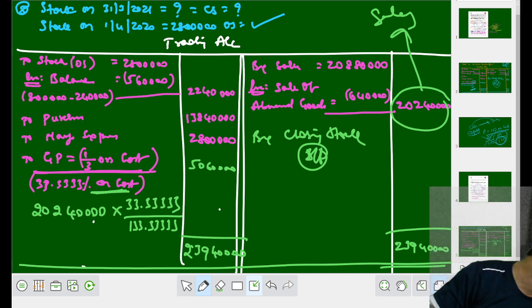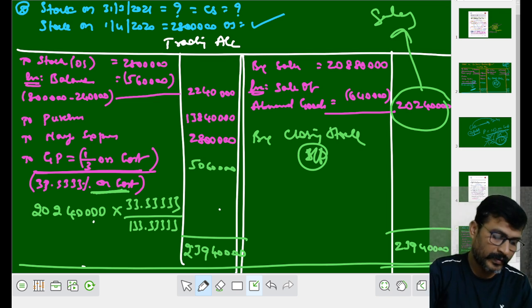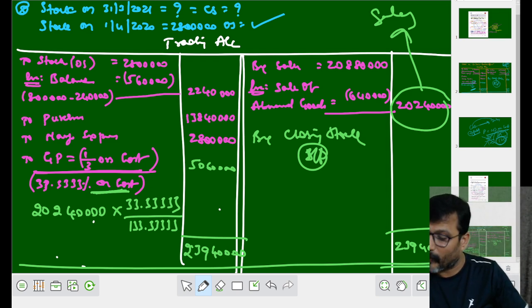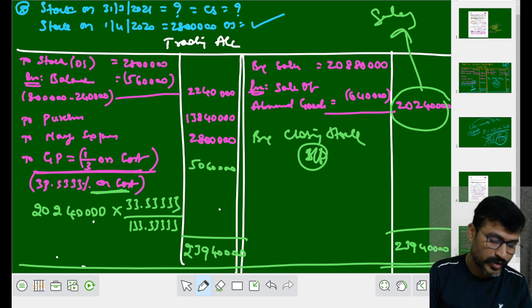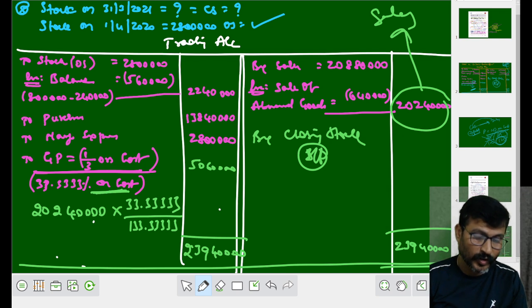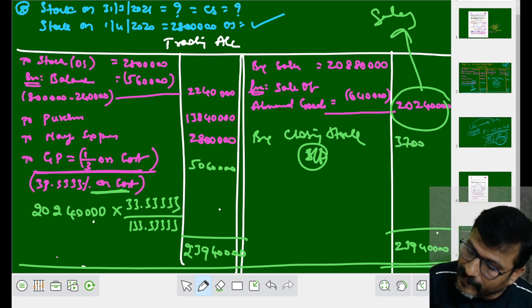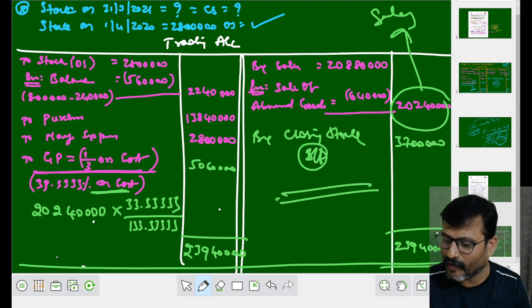Use a calculator and work it out. See how much we are getting. You take 2 crores 39 lakh 40,000 minus 2 crores 2 lakh 40,000. It comes to rupees 37 lakh. This is the amount of closing stock.